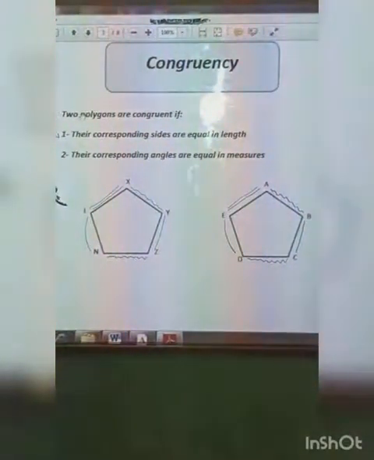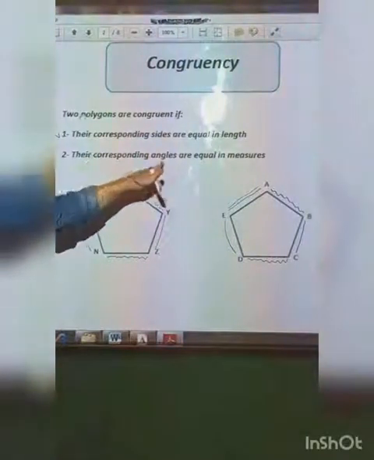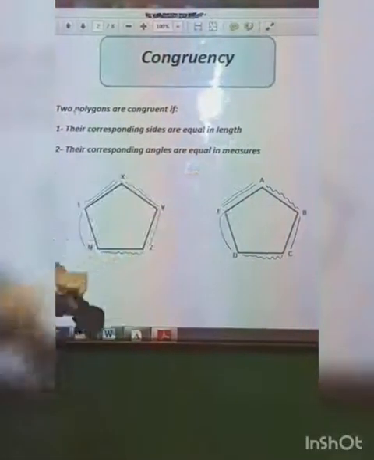The second, I want to prove that corresponding angles are equal in measure.